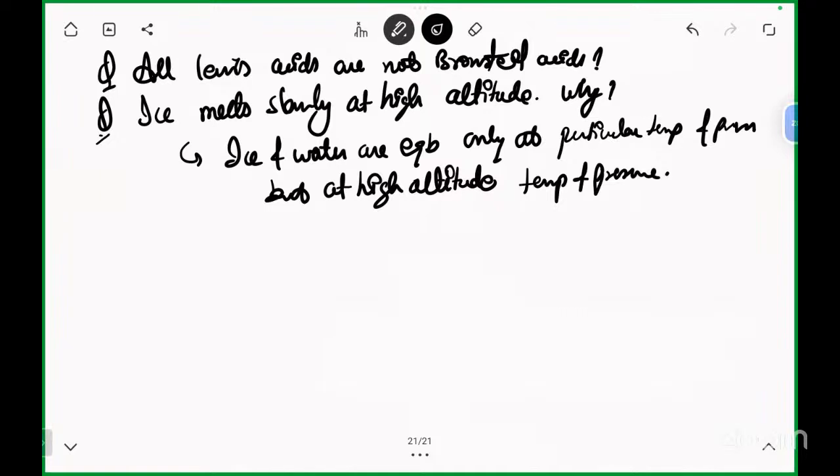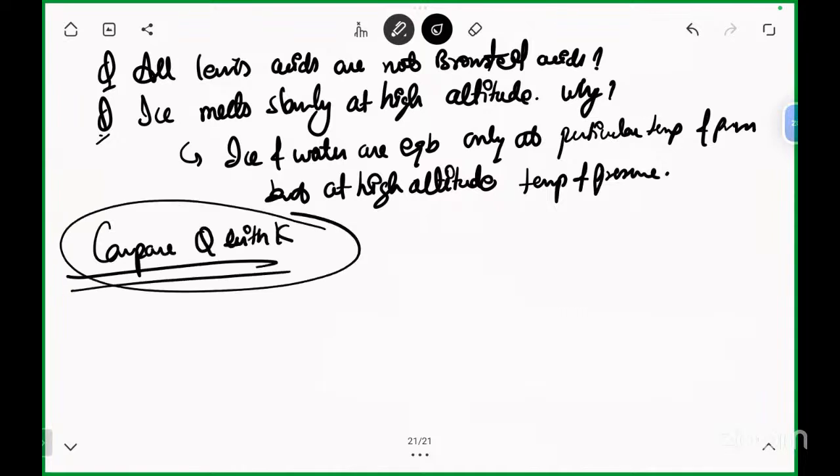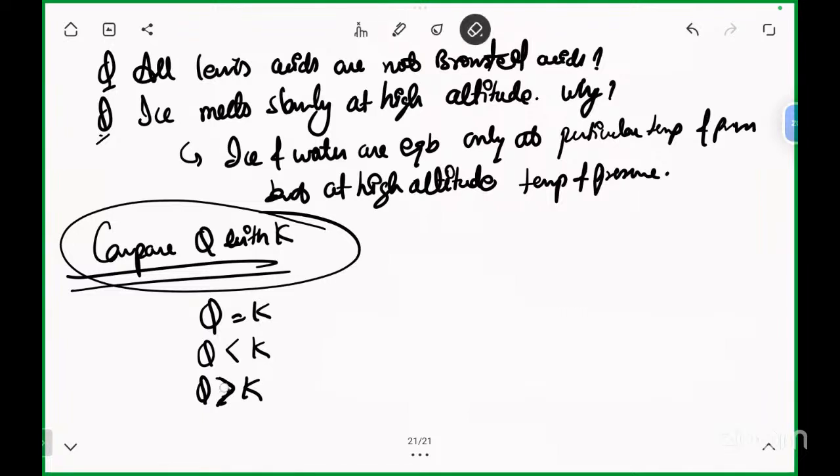One more question is on the basis of comparing Q with K. K is the equilibrium constant, Q is the reaction quotient. If Q is equal to K, Q is less than K, Q is greater than K. This is the condition. So if Q is equal to K, it means the reaction is already at equilibrium.